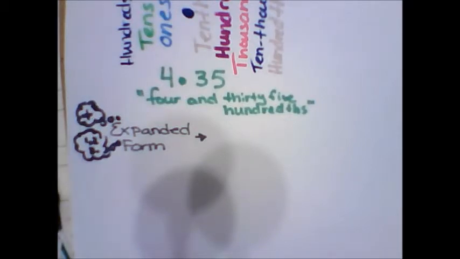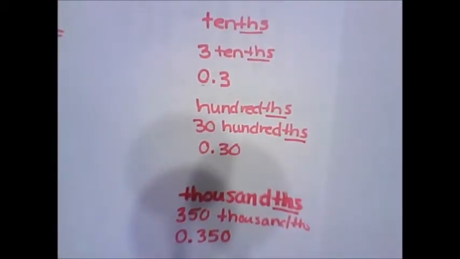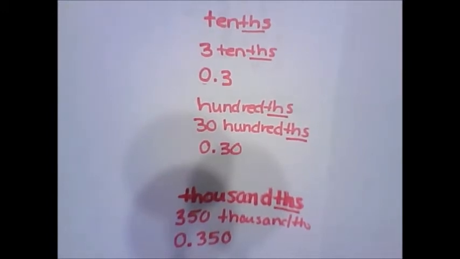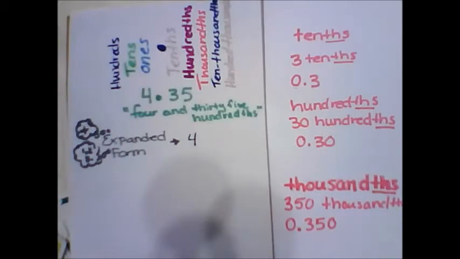So the original notes that we were working with, the ones in pink, are going to come in handy this time. So what I'm going to do is put these off to the side so that we can refer to them. So when it comes to expanded form, I wrote down the first number that we are allowed to write down, and that is 4. What's great about 4 is that 4 is 4.